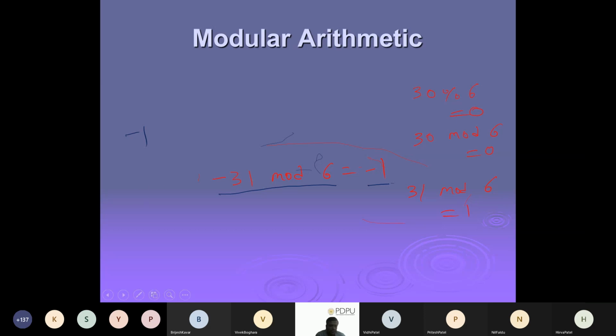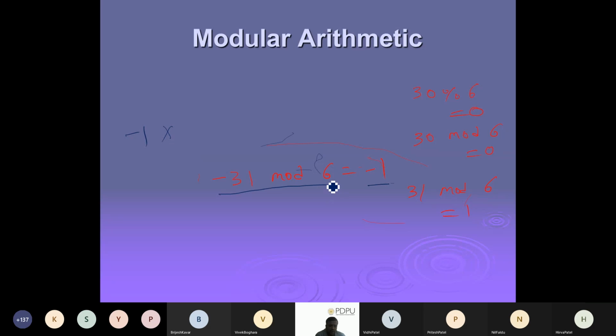Any guess from anyone other than minus 1? I think minus 1 is not the correct answer, because the remainder will always be a non-negative number, either 0 or any positive number. So minus 1 is not a correct answer.